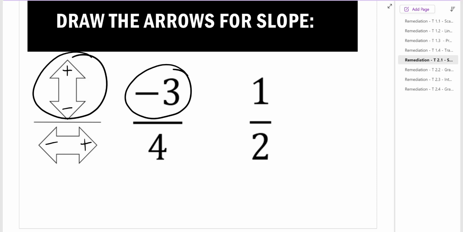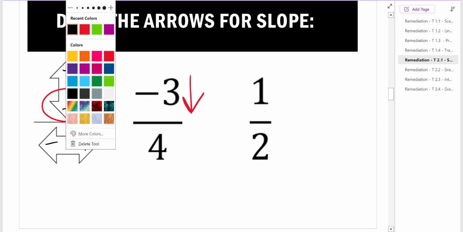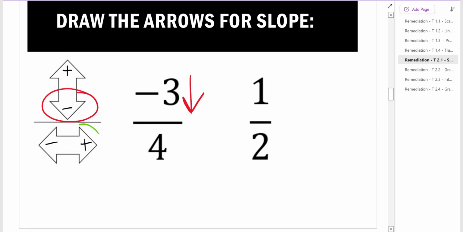Because it's negative, that means that it goes down. 4 is positive, which means it goes to the right. And those are the slope arrows.